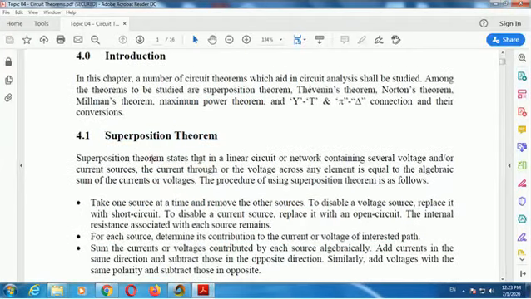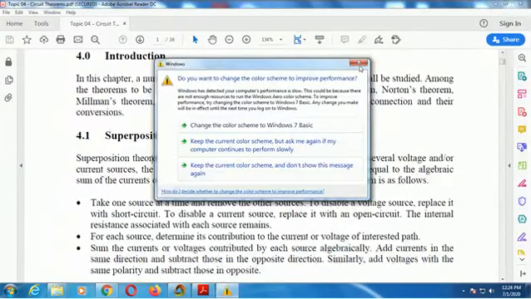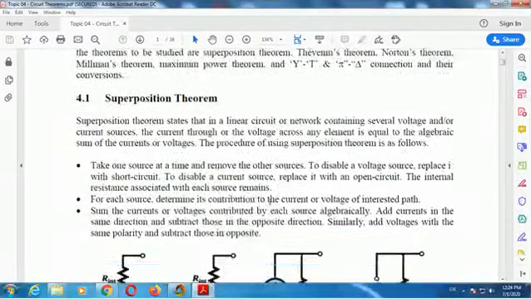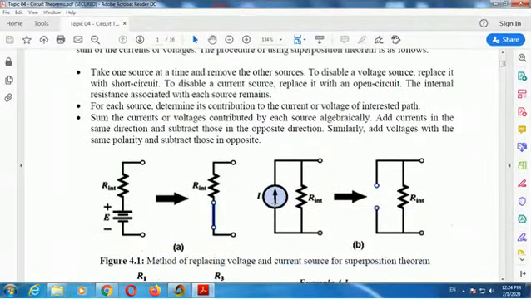The superposition theorem states that in a linear circuit or network containing several voltage and or current sources, the current through or the voltage across any element is equal to the algebraic sum of the currents and voltages due to each source acting alone. When considering one source, for a voltage source we replace the others with a short circuit.